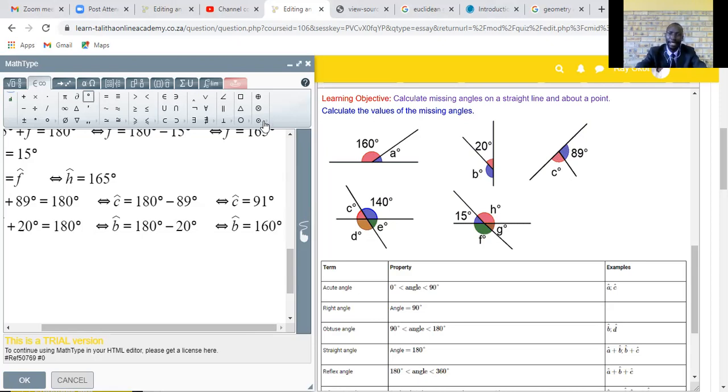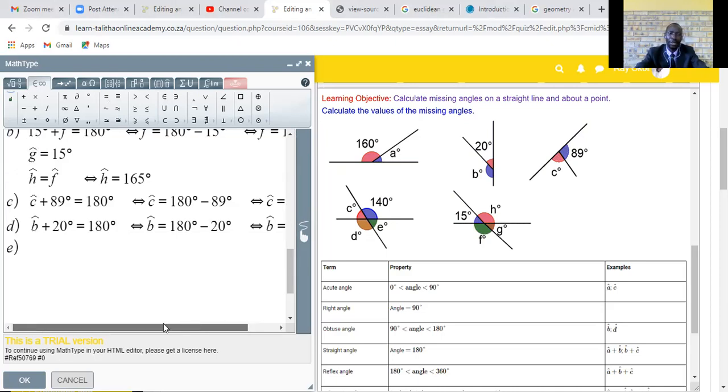Then finally, the question is about angle A. How do you find the value of angle A? Notice that we are still going to use the same approach because we have one line here and on it we have angle A and angle 160 degrees.